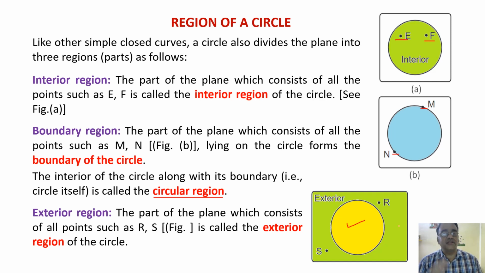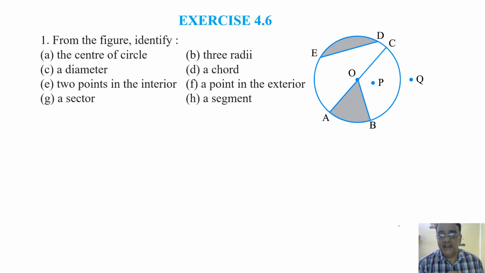Now we are going to start the last exercise of the chapter, exercise 4.6. First question. From the figure, identify, so we'll start from the first one, the center of circle. What is the center of circle? Okay. Now you have to tell me three radii. Any three radii.